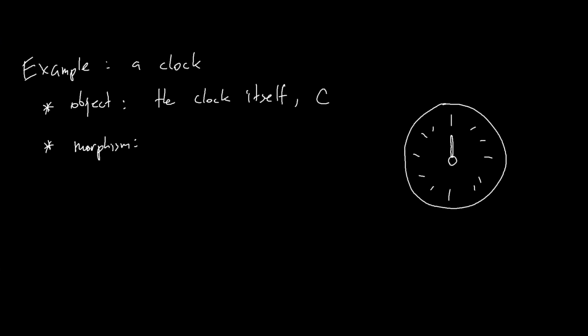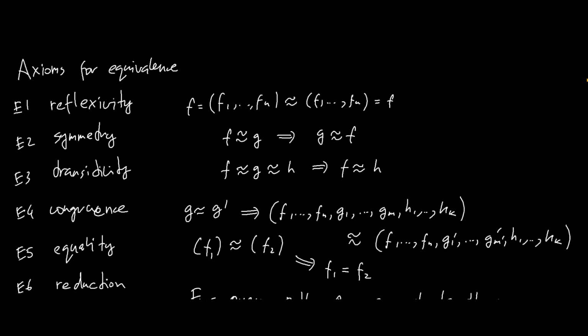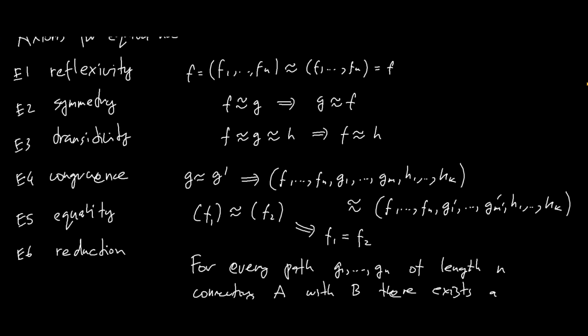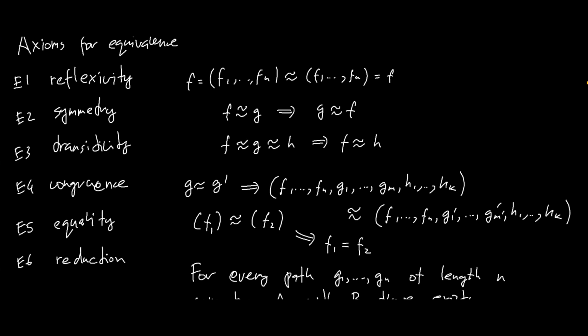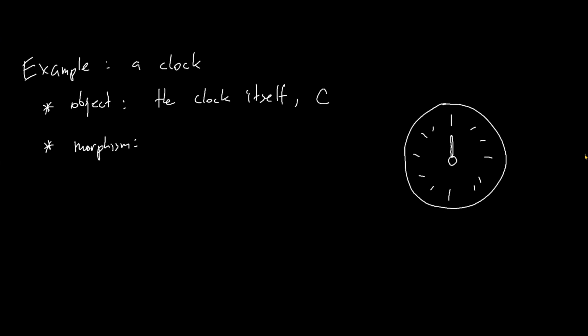That would work indeed, because if you look at the axioms for equivalence, none of them require that something must exist. So it is possible to consider an empty graph with empty equivalence relation. Okay.